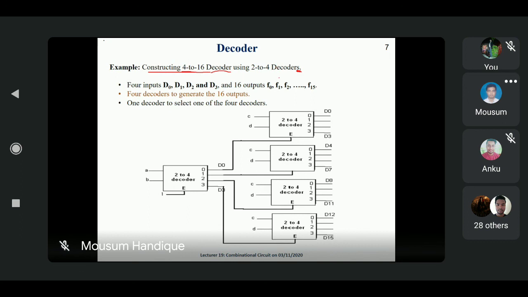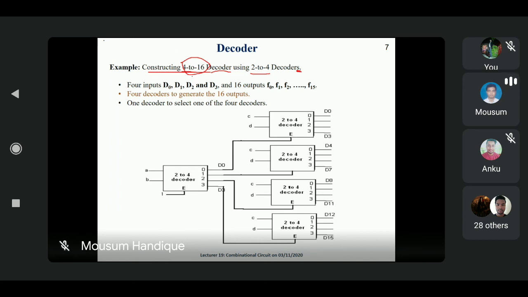Whenever you encounter this type of question, always remember which type of decoder you are going to construct. Here the main decoder is 4 to 16, but we are using 2 to 4 decoders to construct it.